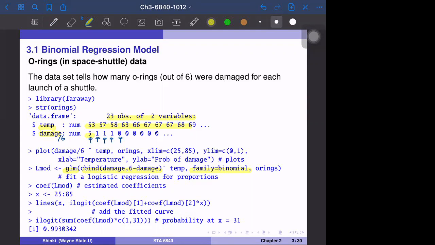The first one is the number of successes, and the second one is the number of failures. So it's slightly different from the binary case. The predictor is the same as usual logistic regression, so just temperature, and we specify the data.